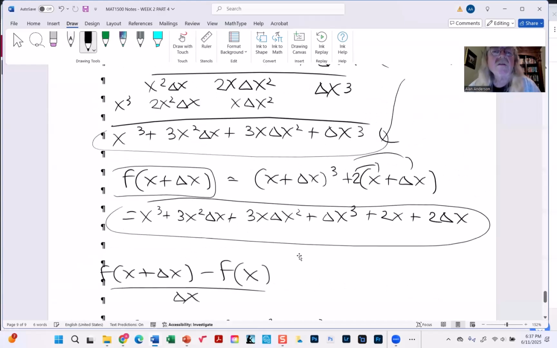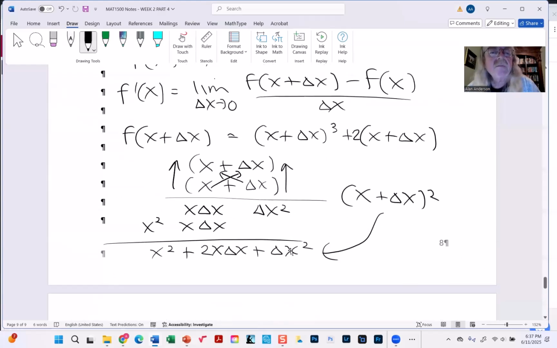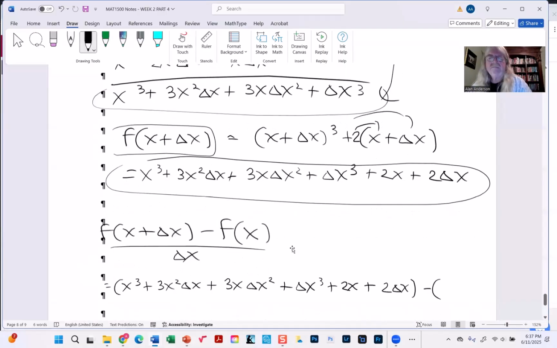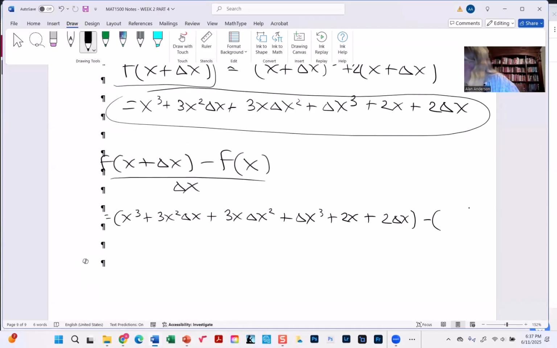The original function was x cubed plus 2x. All right, so well, this helps a little. We'll get some cancellations.